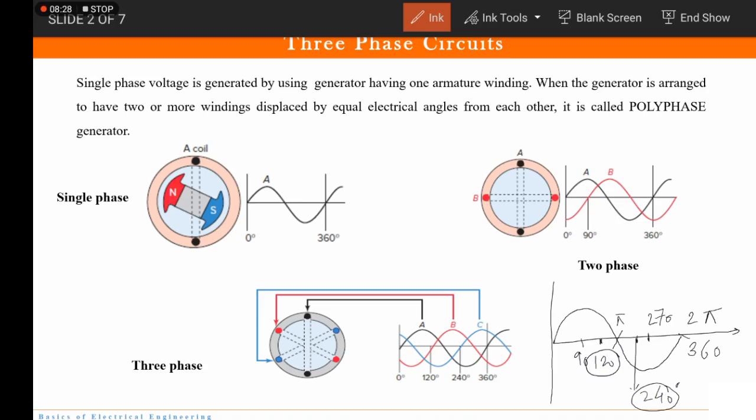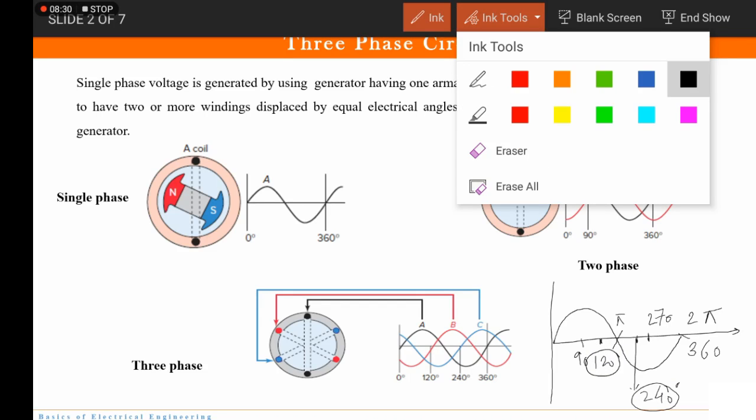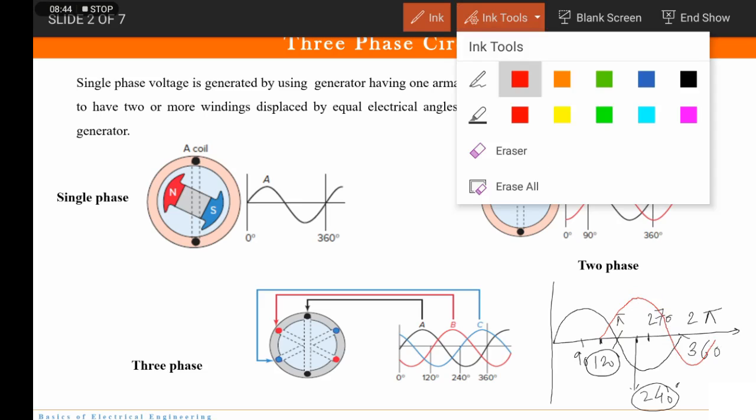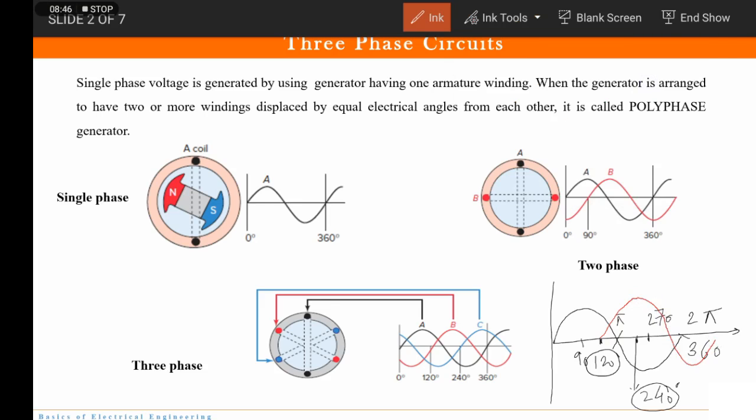points. Fine. So the next signal, which is represented by B or red color, starts at 120 degrees. Okay, got it? So this is how it goes. Now the third signal, which is represented by blue, starts at 240 degrees.